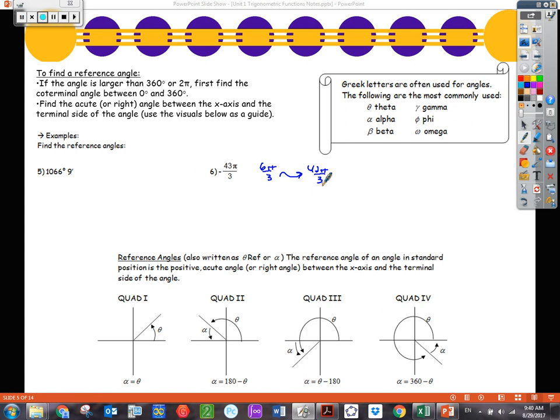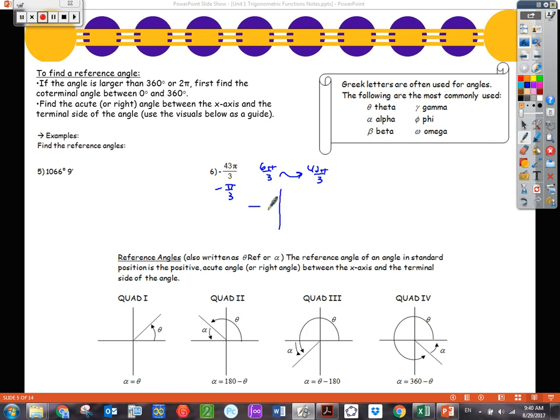So we're going to pull that off, and what are we left with? This is negative. I'm just talking about the rotation. I'm just pulling off rotations. I'm just getting ready to get to the negative. So we pulled off the rotations and we're left with negative pi over 3.